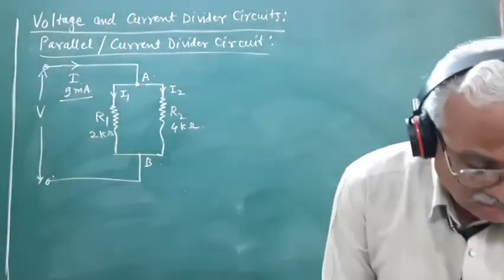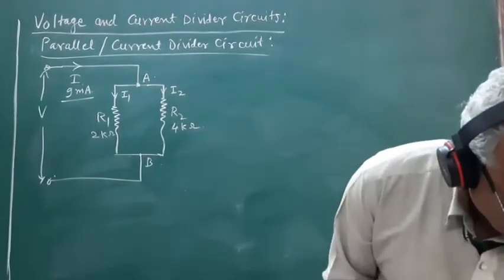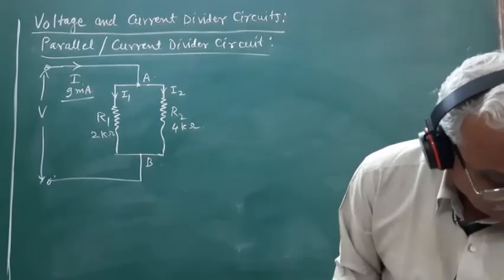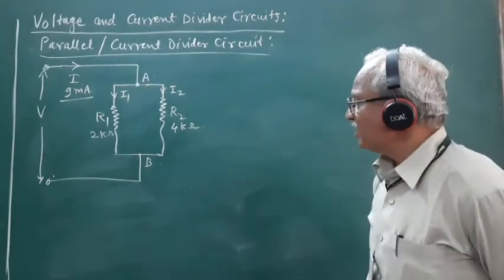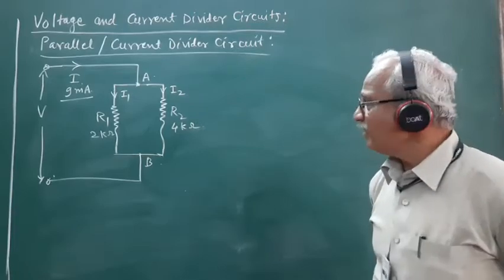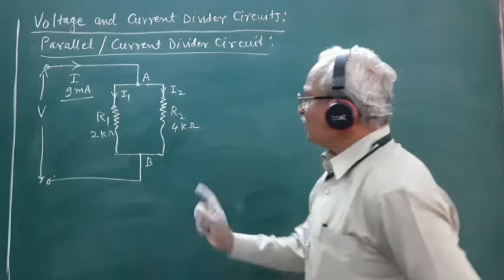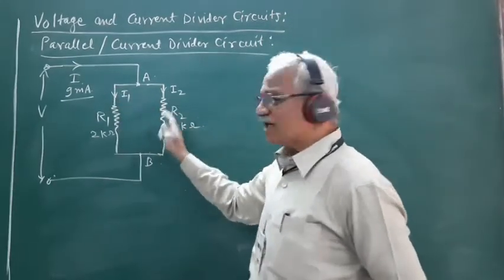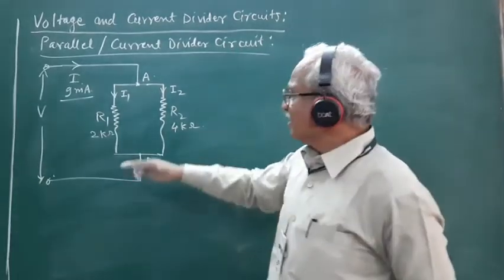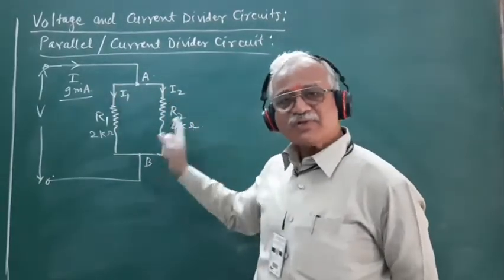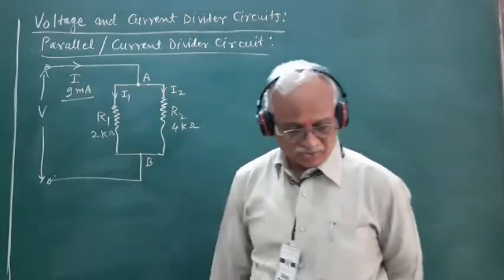So let us find out the values of the currents flowing through the different resistors connected in parallel. Here, one point we must remember is that if we calculate the sum of the currents flowing through the different resistors connected in parallel, this sum of the currents must be equal to the total current I drawn from the source.